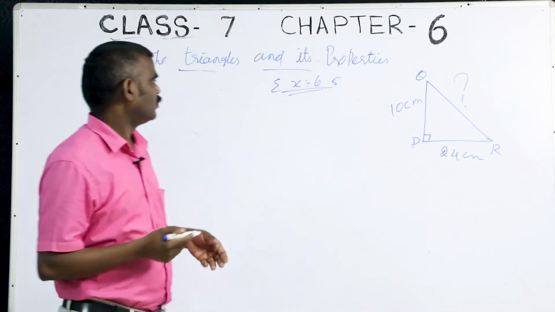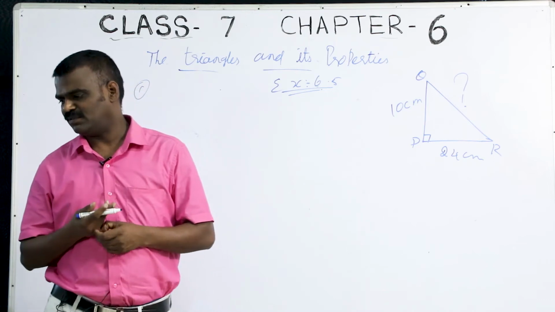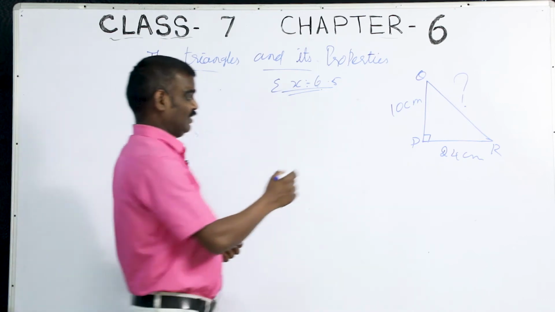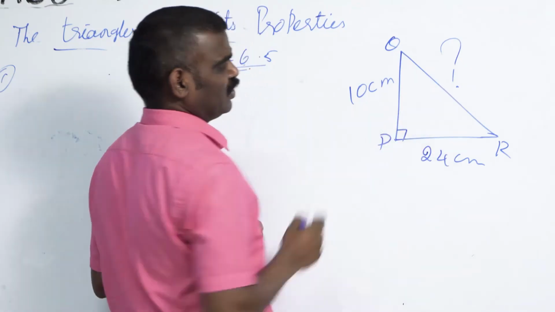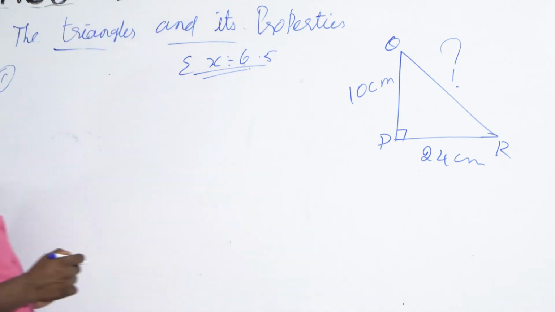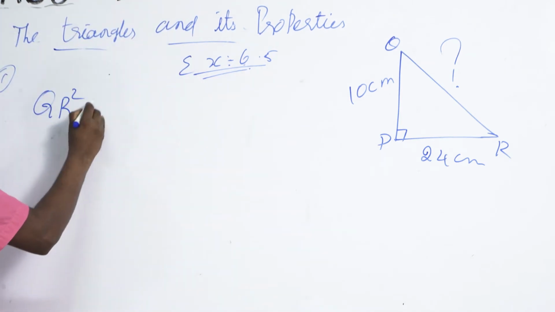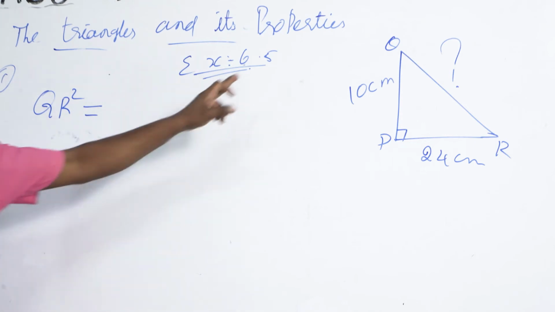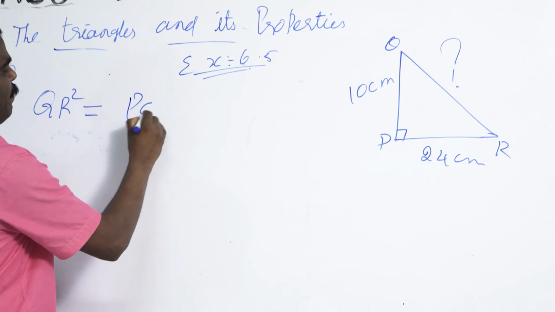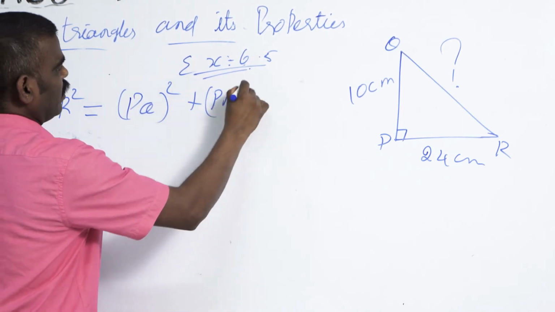So, what does the property tell? The 90 degree opposite is the hypotenuse. That is the longest side. QR square is equal to the longest side square, which is PQ square plus PR square.